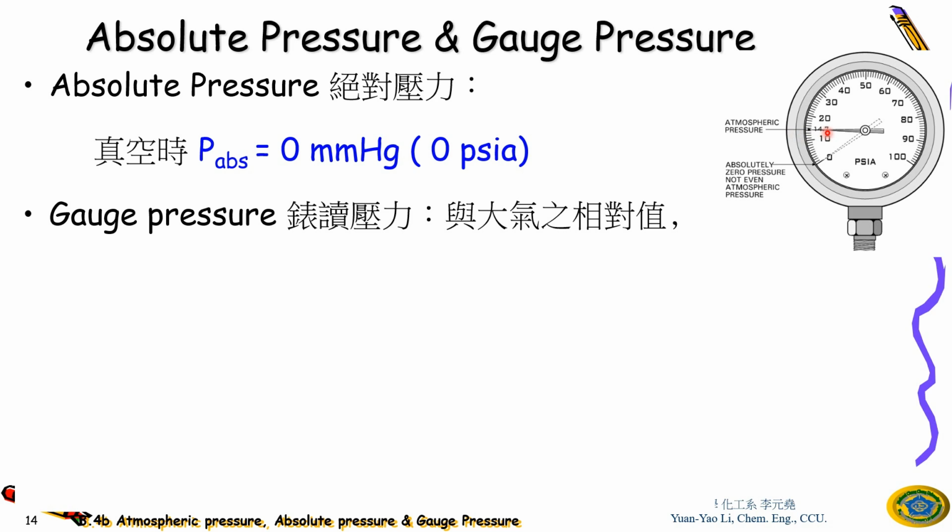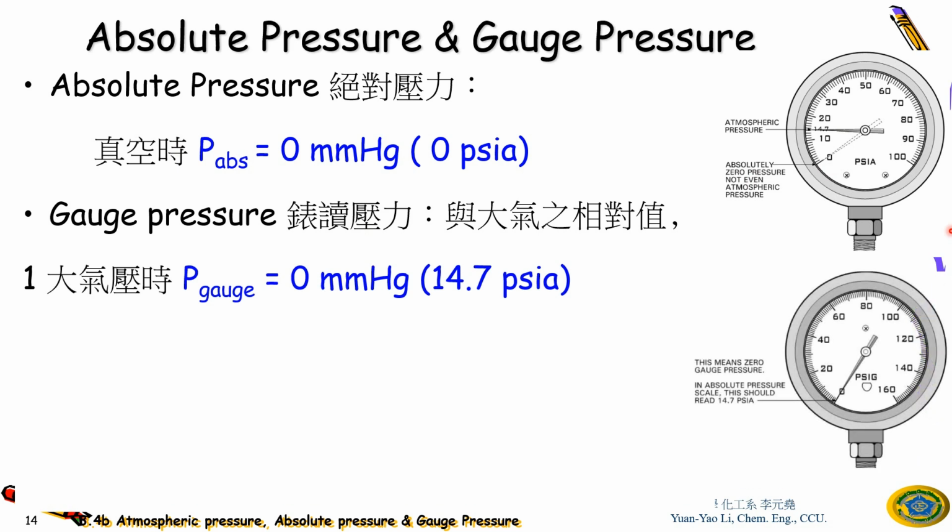Okay? So you might say, wow, Professor, this is easy, because if the indicator or pointer goes to 0, it's vacuum, right? The pressure is 0. So what happens with gauge pressure? For gauge pressure, we regard the pressure at this moment as 0.